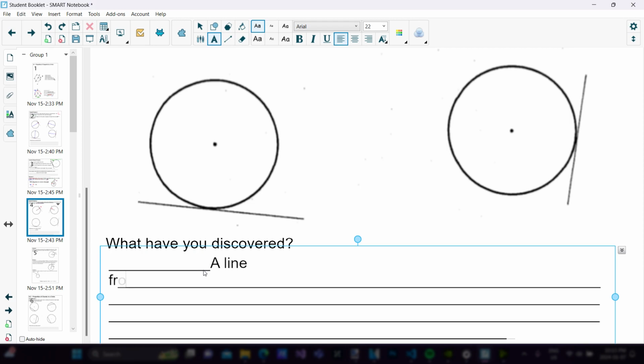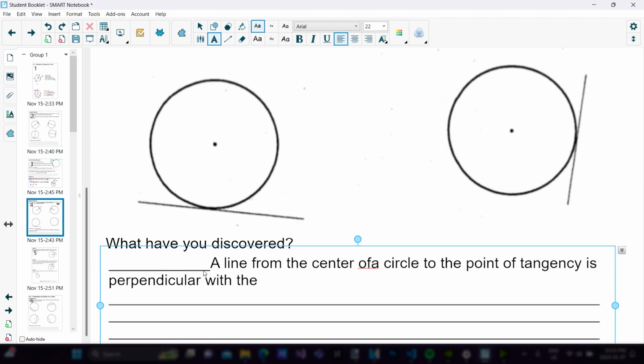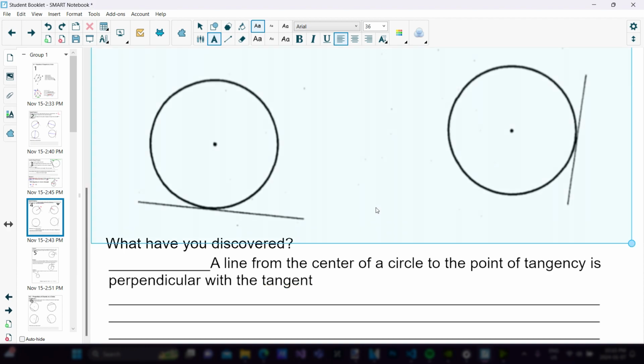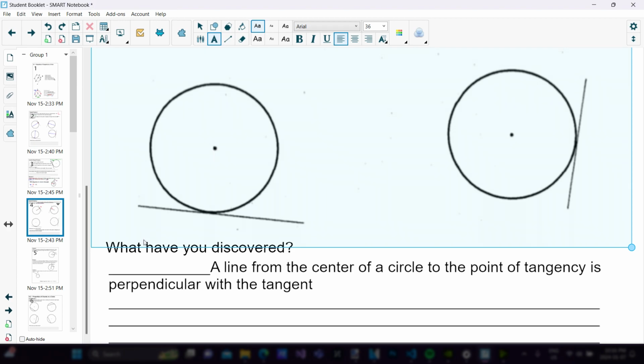A line from the center of a circle to the point of tangency is perpendicular with the tangent. That's what we already said. So let's just go in the opposite way of what we did last time. Last time we started at the point of tangency and went to the center. Now we're going from the center out.